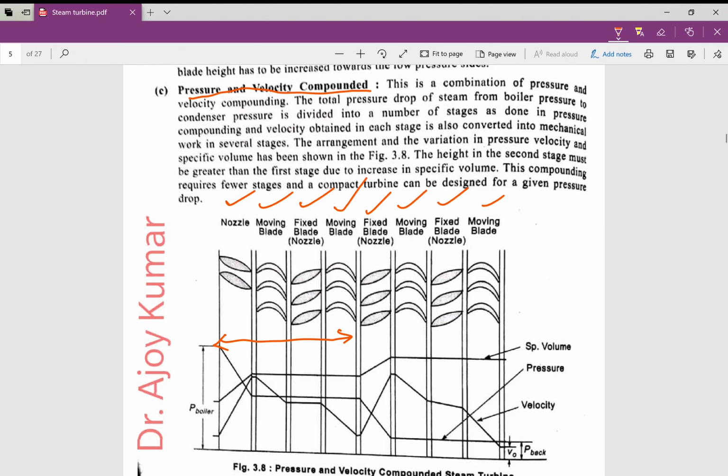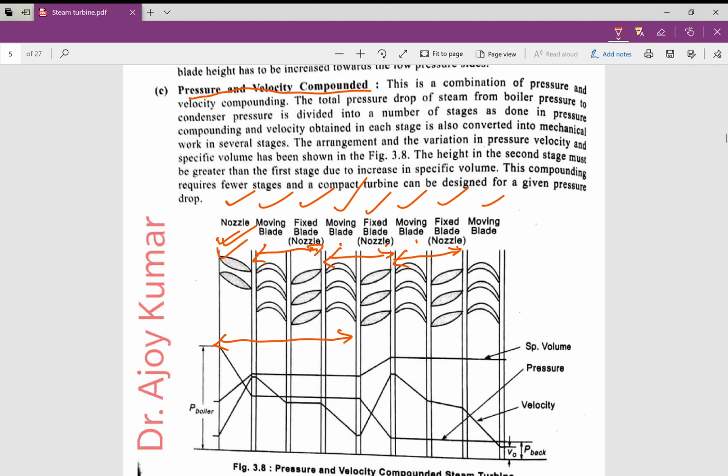You see now, moving blade, fixed blade, one set, another set. So you should remember that after the nozzle, always moving blade, fixed blade, moving blade, fixed blade, like this. So easily we can remember like this.